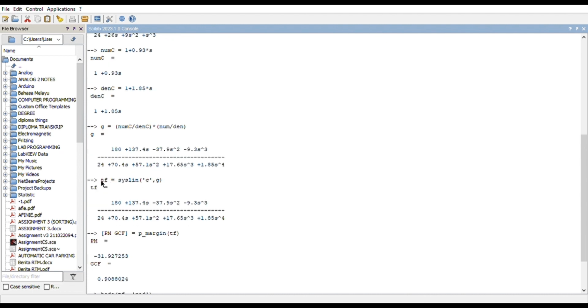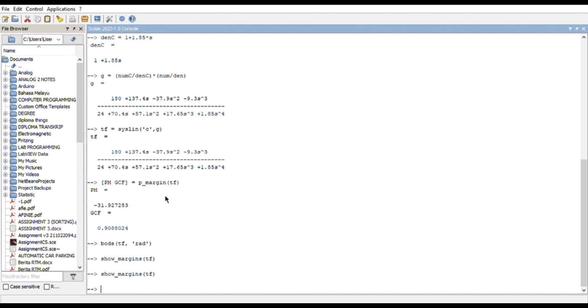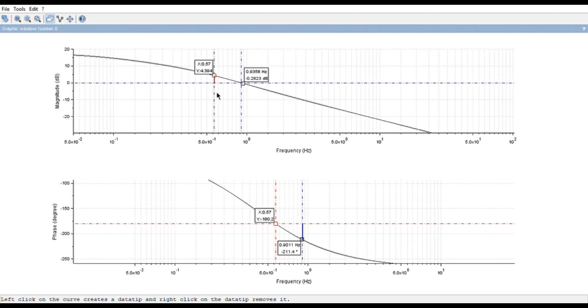So for this transfer function, we got the phase margin negative 31.92, and the gain crossover frequency 0.908. Now we see both plots for the new transfer function. It is already generated for the new one.